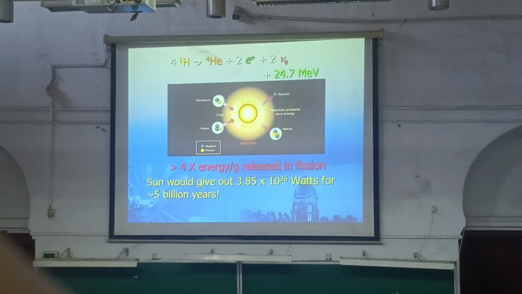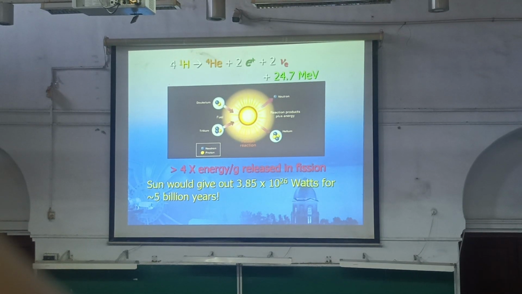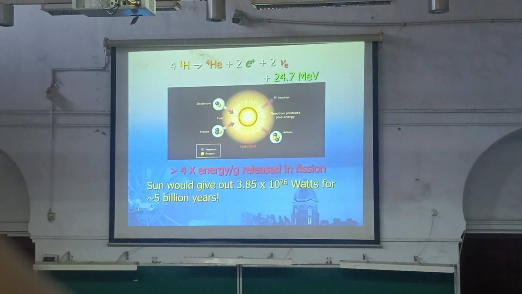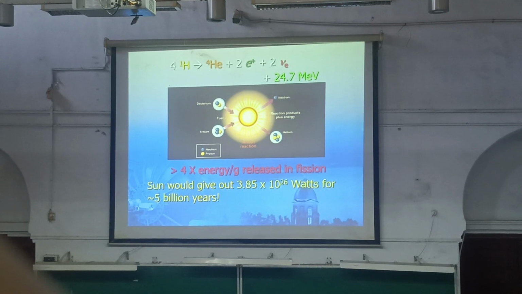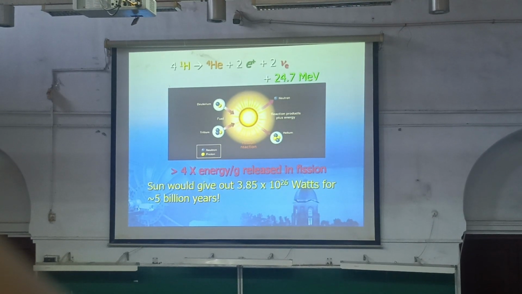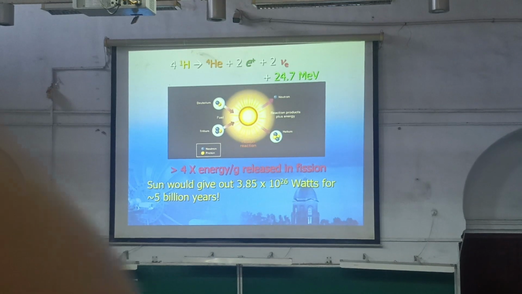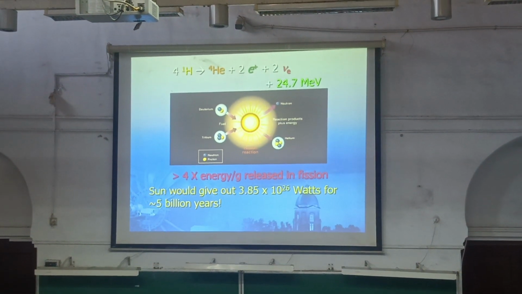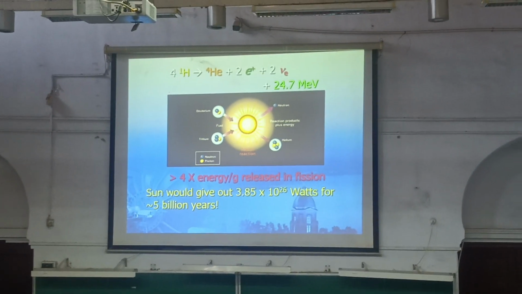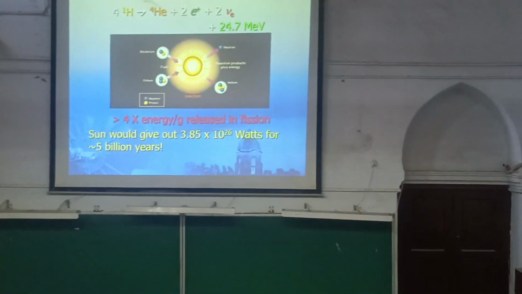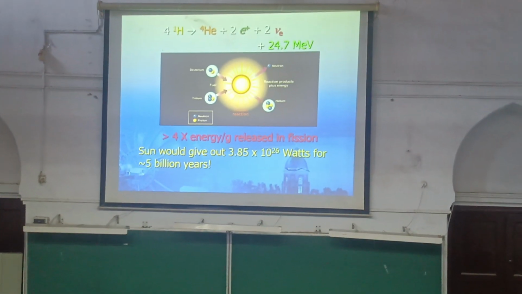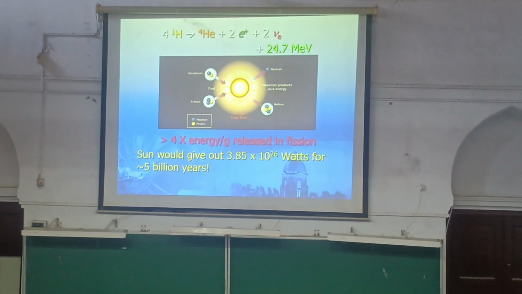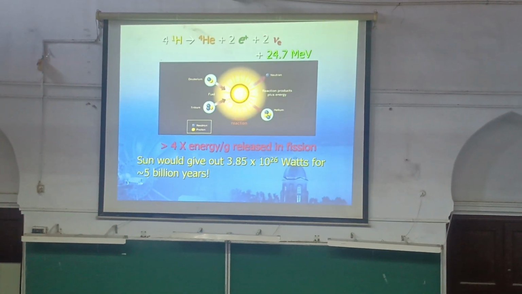If it was just thermal, the sun would have disappeared by now. So they did all scenarios, and the only way, Hans Bethe and company suggested for the first time that this energy could be coming from fusion. It was still not clear how it happens, but then it is possible that you could produce this much energy. So that is what fusion gives you.